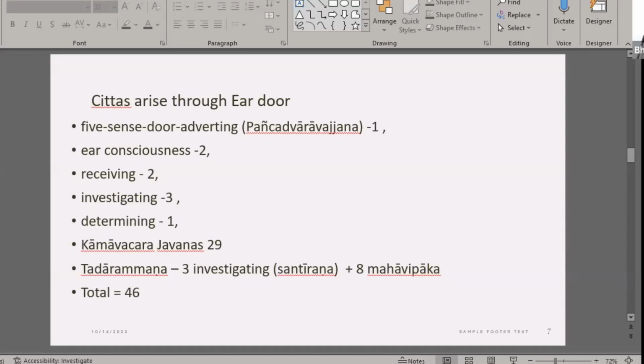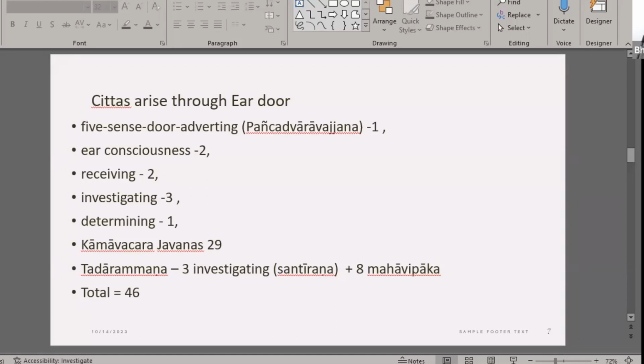Then hearing consciousness, that's ear consciousness, arises. After that, sampaticchana citta, receiving consciousness, then investigating consciousness, santirana citta, determining consciousness, votthapana citta, one of the Kamavacara javanas, altogether 29, then Tadarammana 11. Altogether 46.